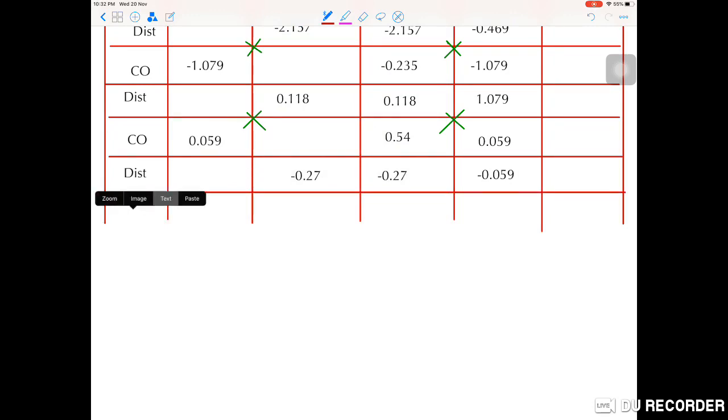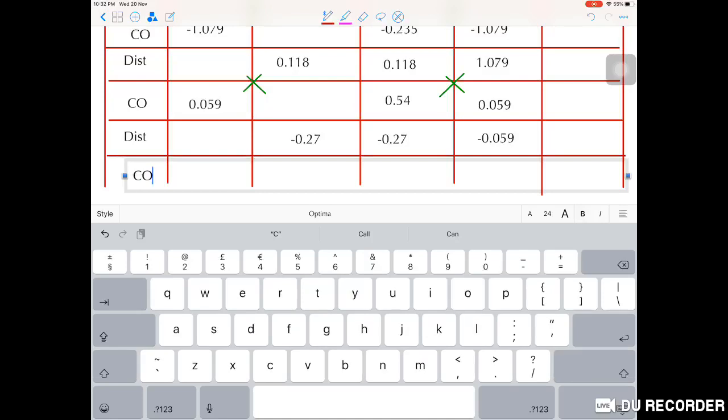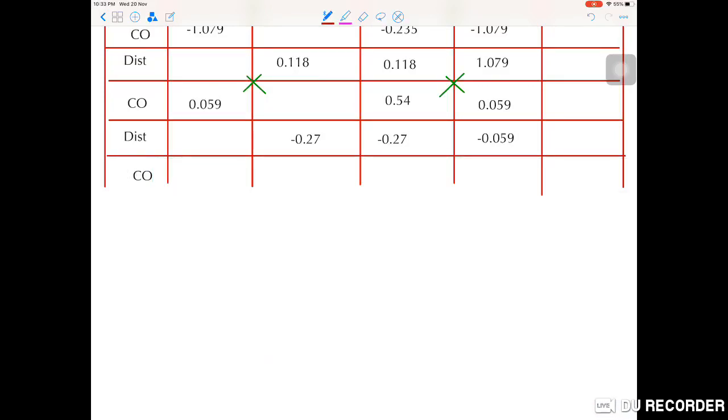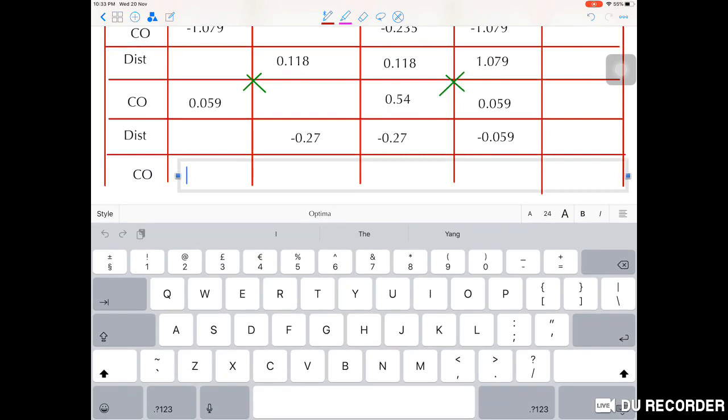Okay, carry over. 0.27 divided by 2 is negative 0.135.